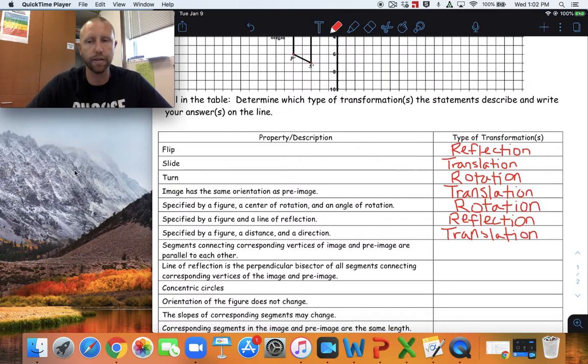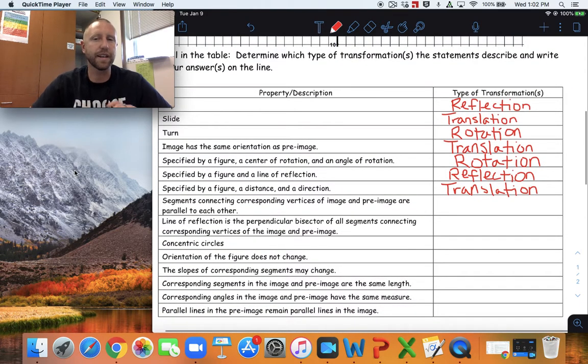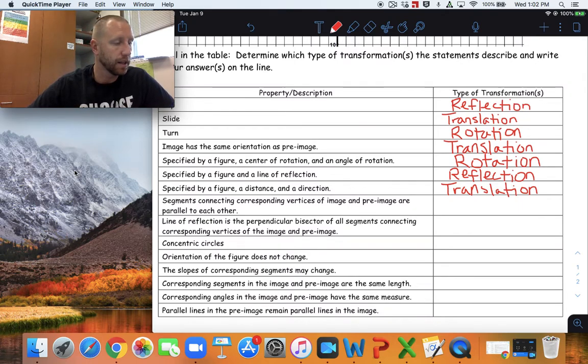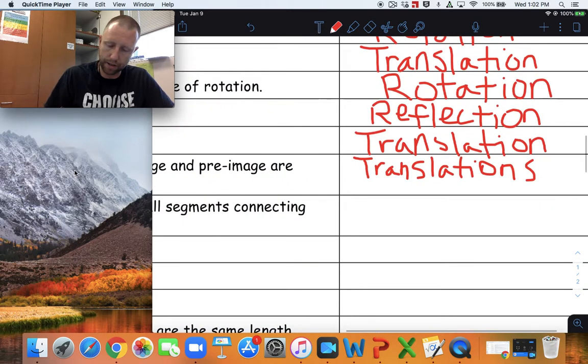Ignore my handwriting here with the stylus. Segments connecting corresponding vertices of image and pre-image are parallel to each other, and that is true for translations. But it's also true for reflections.